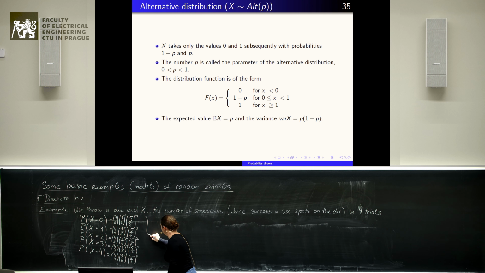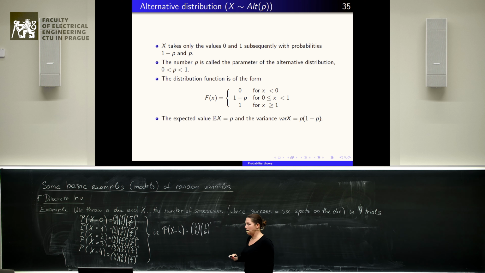So we can briefly write only the description that the probability that X is equal to k is 4 choose k times 1/6 powered by k times 5/6 powered by 4 minus k for k equal to 0, 1, 2, 3, or 4.